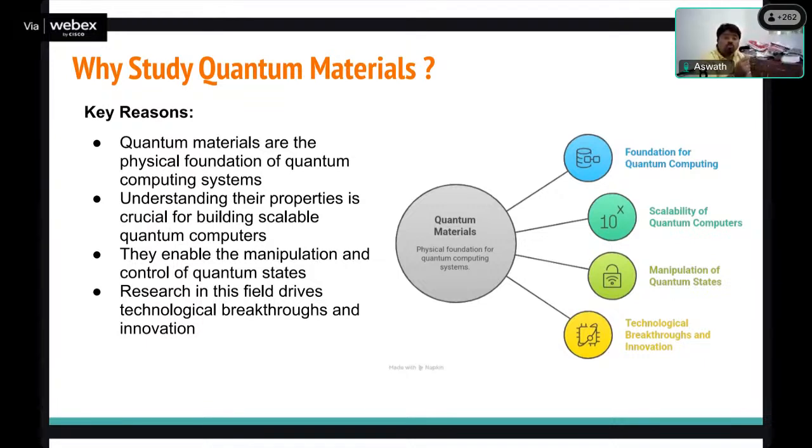The moment I know that, I can plan a vast network of qubits where a large amount of data can be processed. So we should know what quantum materials are and how they behave, and their properties, so that we can scale quantum computation to a large number of qubits.